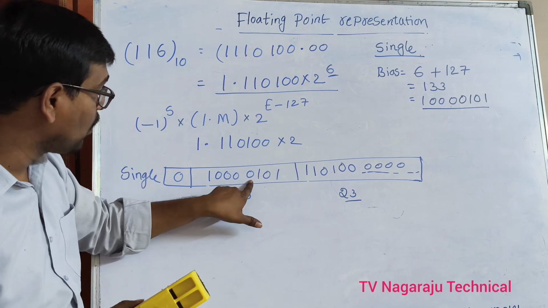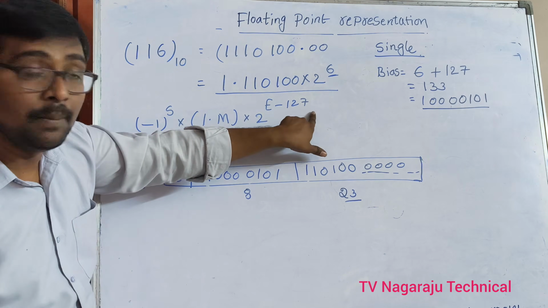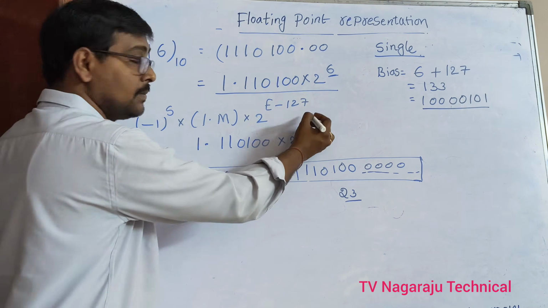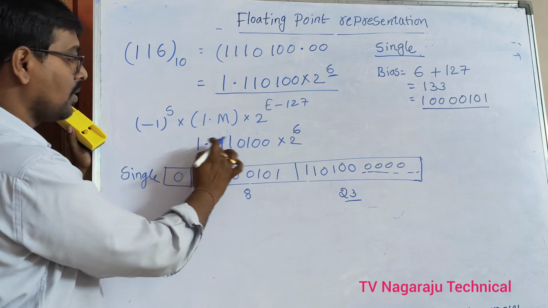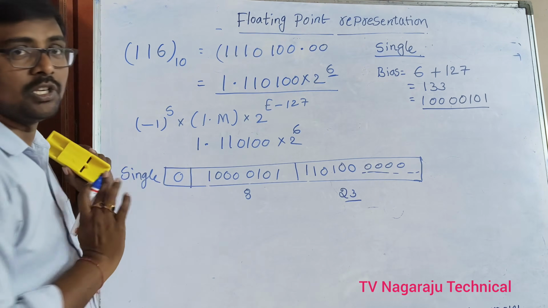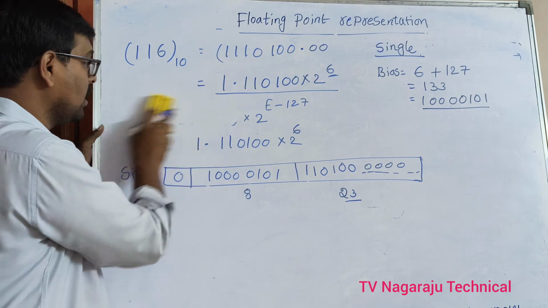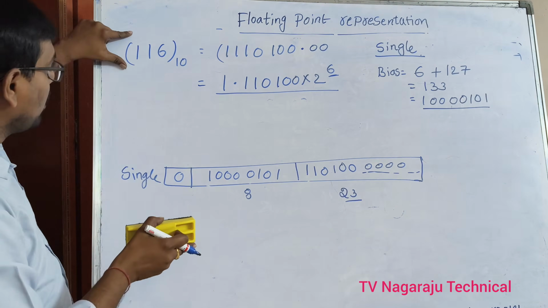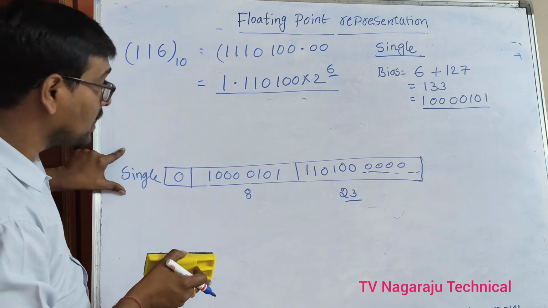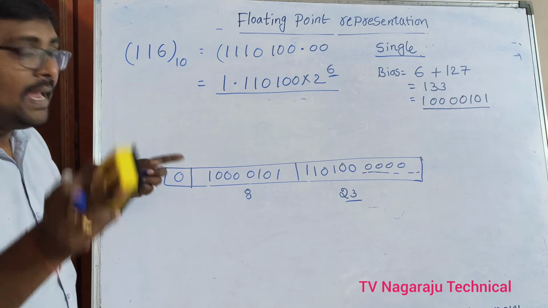What is the value? 133 minus 127 is 6, so obviously the point moves 6 positions. Clear? But this is not my concept. My point is, if a number is given to you, how do you represent it in single precision?